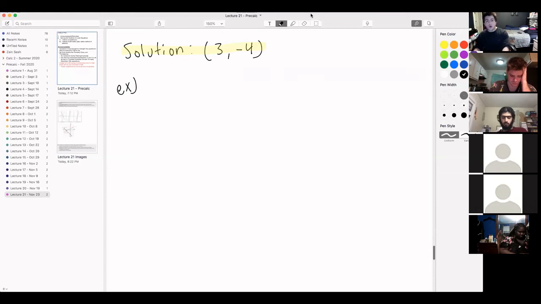Example. This example is a little different because we're going to need to multiply both equations by a different number.